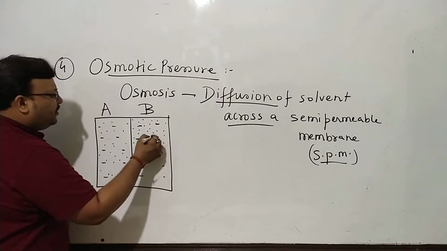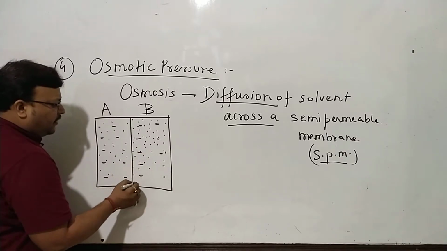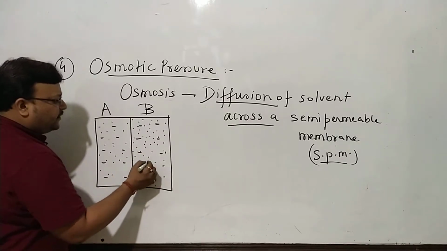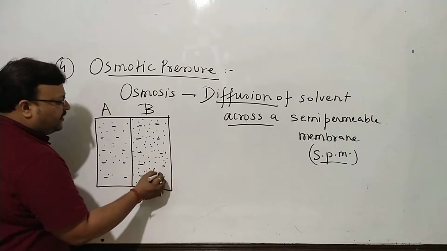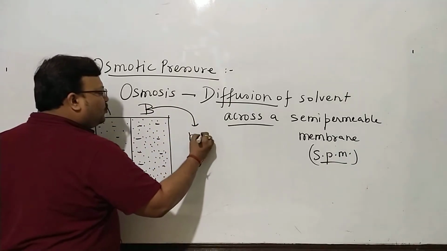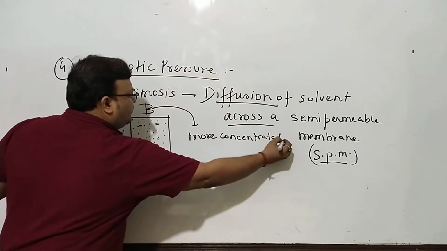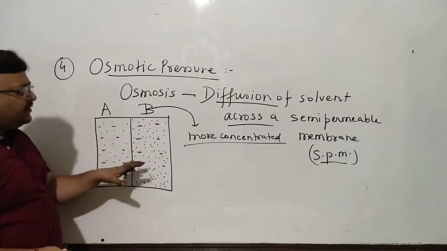Right from the way I am giving you the symbolic diagram, you realize B is more concentrated, this contains more salt. This is dilute, this is concentrated.